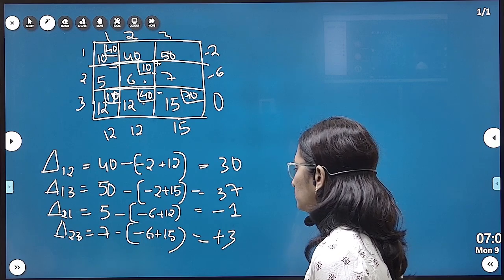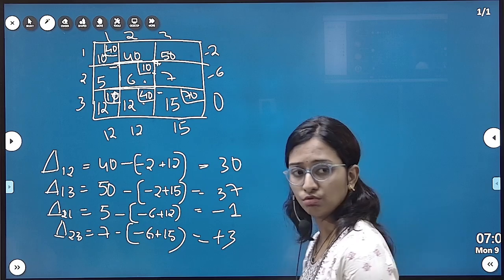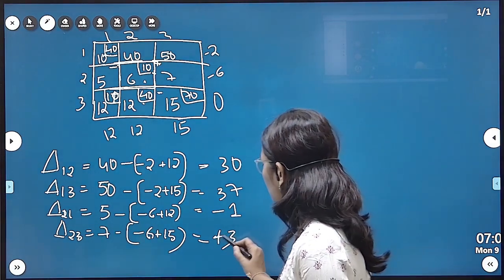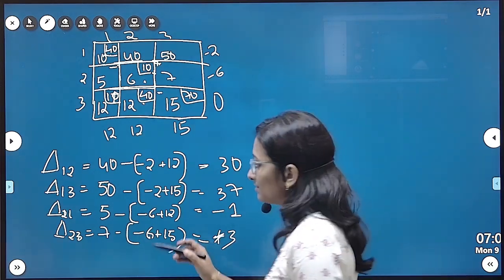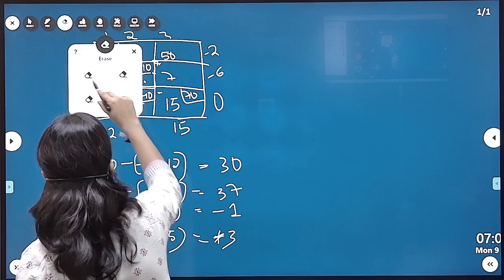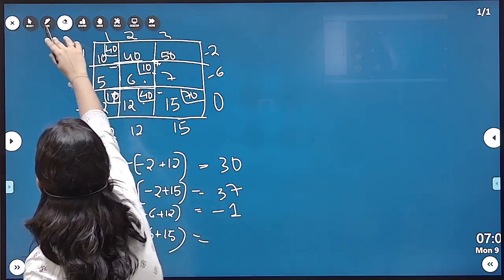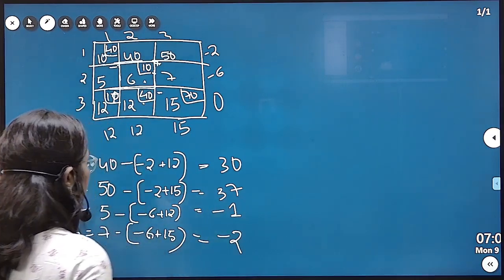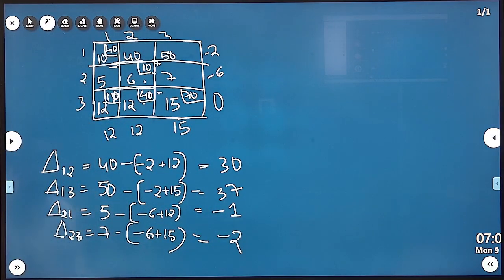Ma'am, minus 3. Minus 2 or 3? Two. 2 or 3? 2, right? Yes ma'am. So minus 2. So now we got negative values. So make degeneracy now. We have to do degeneracy.